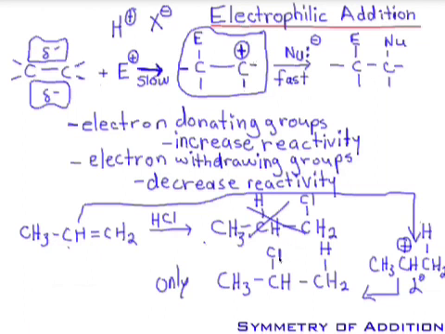Now, when this was originally developed, the concept of carbocation stability was not well understood, and hence it was reported as where the electrophile attacked. And this was done by a Russian chemist named Markovnikov. Now, Markovnikov reported that the electrophile, or the H plus, will add to the carbon of the double bond that possesses the most hydrogens.